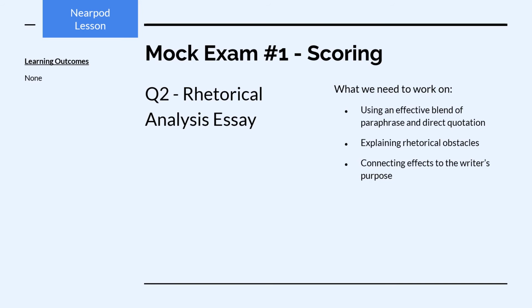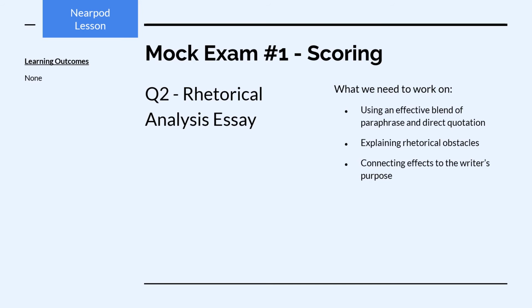A lot of you also just casually threw in that her audience wouldn't know how to behave during wartime or something like that. Well, explain that. Why wouldn't they? I'm honestly not sure that you can even say that, considering this is an audience that just 20 years prior was going through World War I. So, be careful. Make sure that you can explain your rhetorical obstacles.